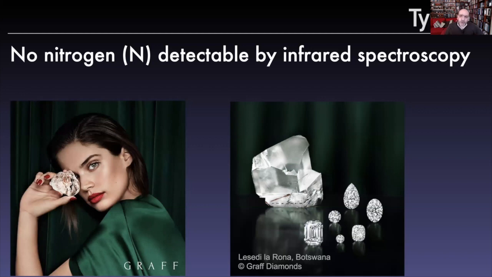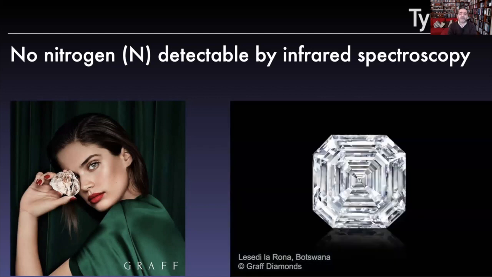It was Lawrence Kraft that bought this diamond, and it took a long time to decide what to do with that huge rough. And eventually it resulted in an over 300 carat D-color diamond that is called the Lesedi La Rona. It's cut in an Asscher cut.